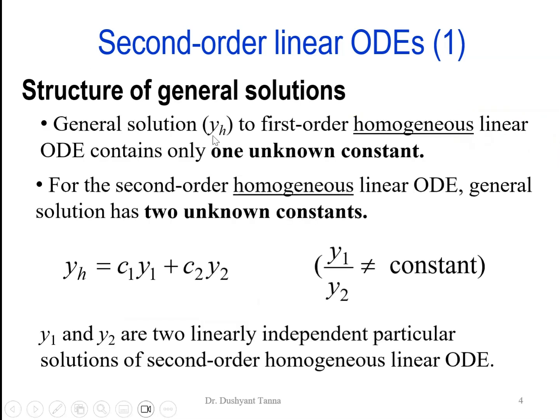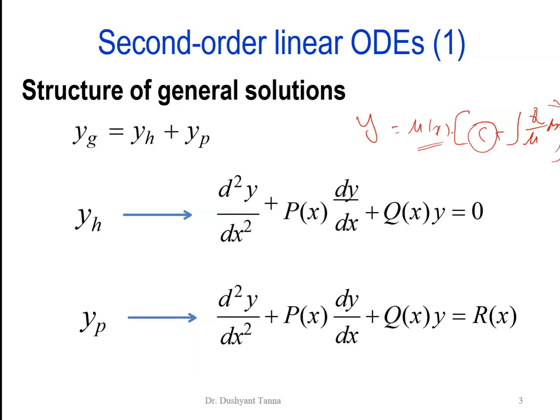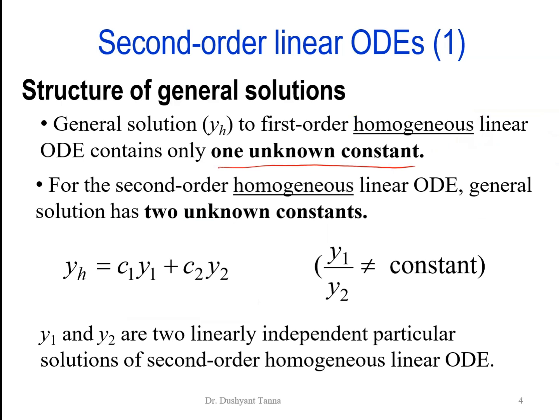Right, so the general solution yh for the first order homogeneous linear ODE contains one unknown. As you can see here, we are only talking about C. But now we are talking about second order.